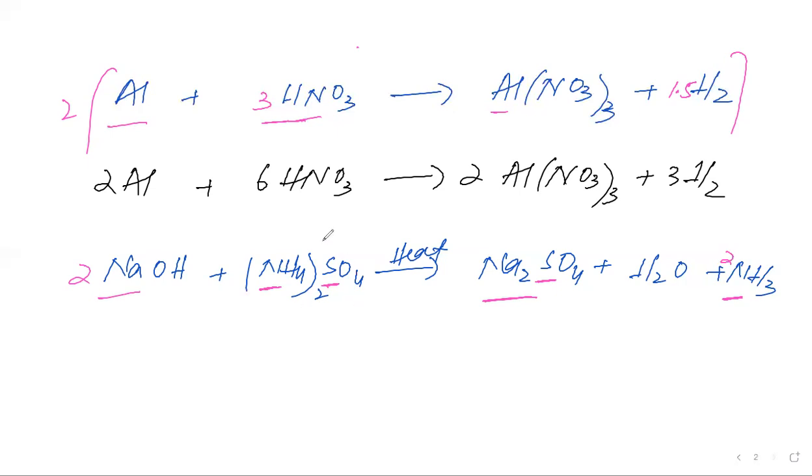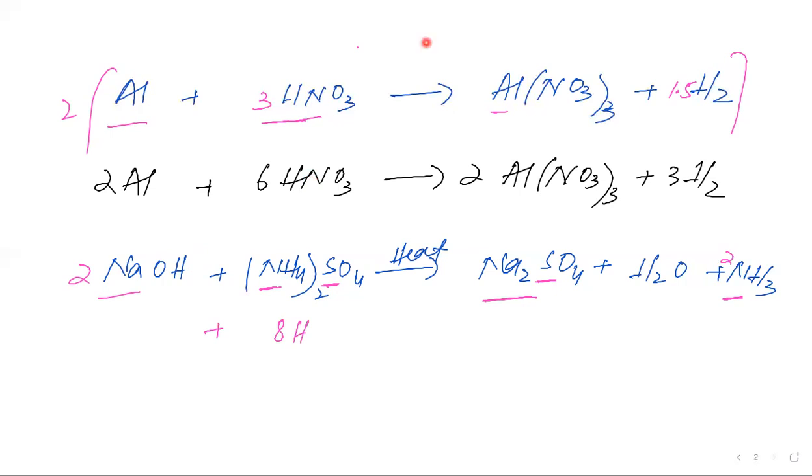Come to the hydrogen now. Hydrogen atoms, 4 inside the bracket, and 4 is being multiplied by 2. So the number of hydrogen atoms here is 8. 2 hydrogen atoms are here. 1 hydrogen is being multiplied by 2.